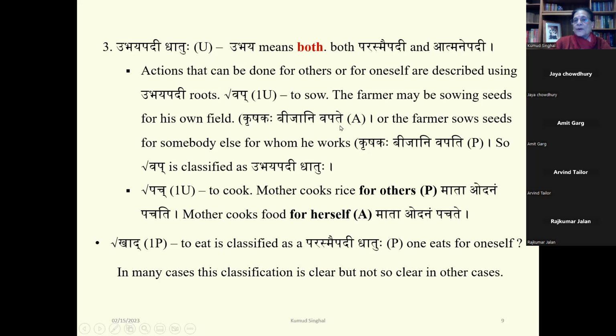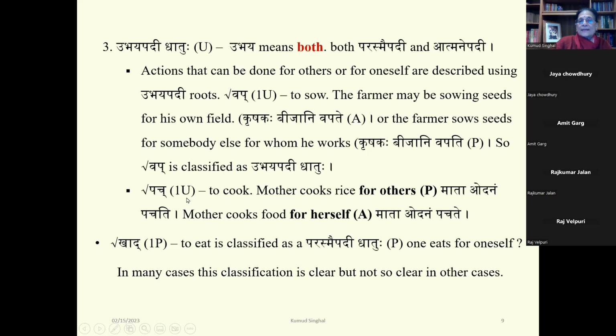So this is an atmanepada form. If the farmer sows seed for somebody else for whom he works, you have krishikaha bijani vapati, then you are using a parasmaipadi form. So depending on whether it is done for others or for oneself, you use the atmanepadi form or a parasmaipadi form.